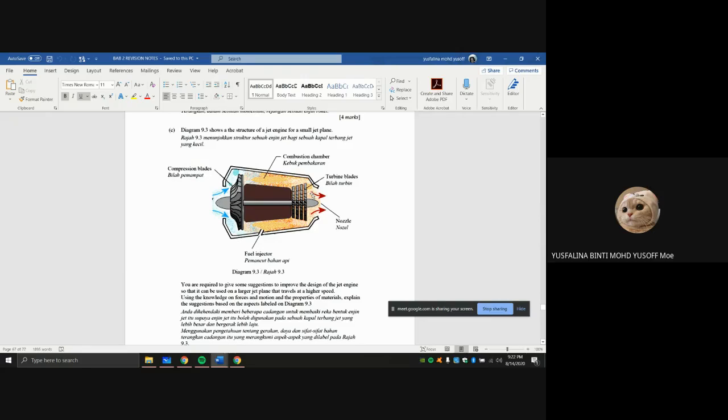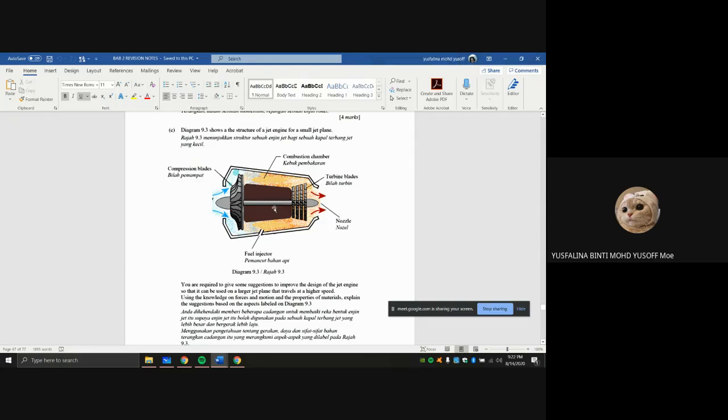The first one is the number of blades. The number of blades must be higher to increase the air intake.